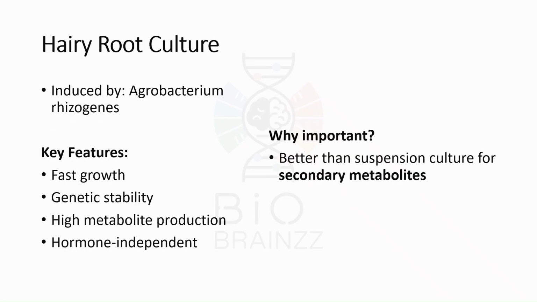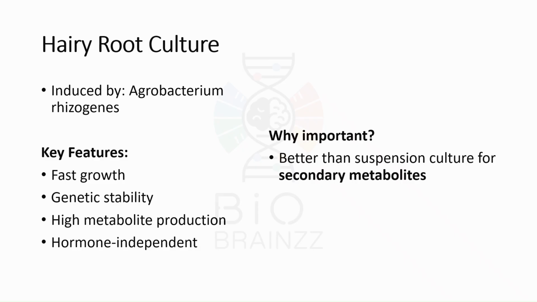Hairy root culture is a special type of plant culture induced by Agrobacterium rhizogenes. This bacterium transfers genes into the plant, which cause formation of fast-growing roots called hairy roots. These roots grow without the need for external hormones.